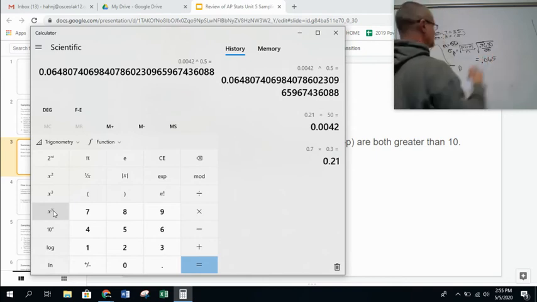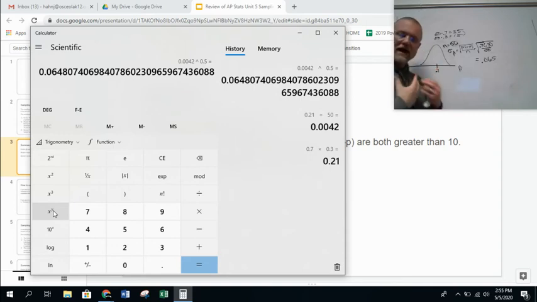So 0.065. Okay, so that means that typically I'm going to take a sample and I can expect that the proportion of people who like pizza in my sample is going to be 6.5% away from the 70%. So I'm not going to be very surprised if I get a 76.5 or anything within 76.5 and 63.5.